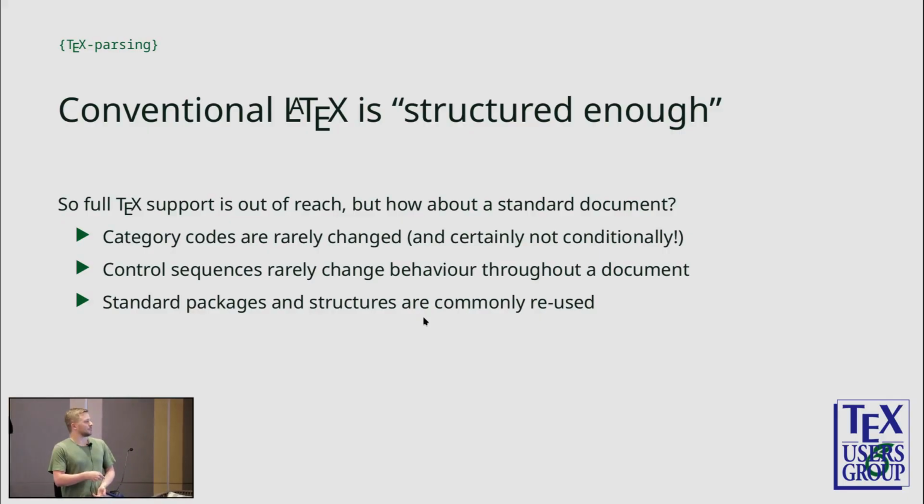Furthermore, and people might disagree with this, but there is a great number of standard packages and structures that are commonly reused. So if we ascribe some definition to some control sequence, that would probably apply to most use cases of it. So in general, we can agree that we can't, with these static rules, parse all of TeX, but we can probably get close to parsing most user documents.